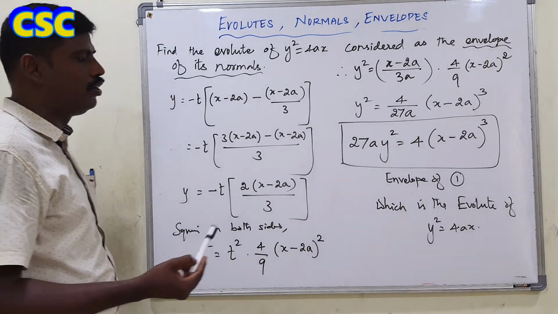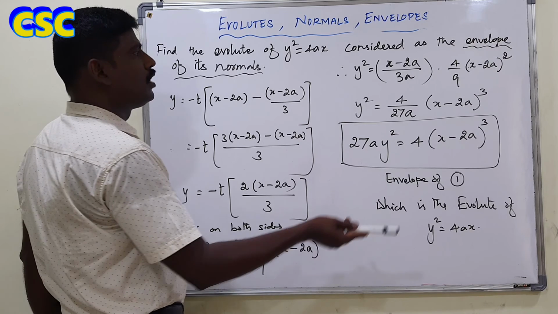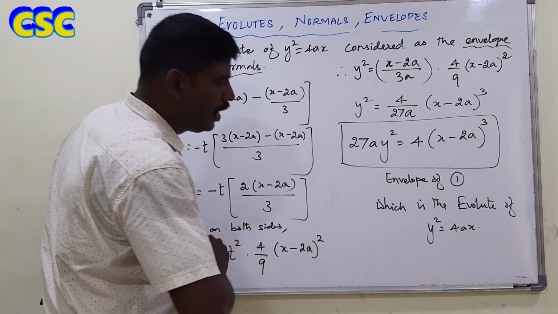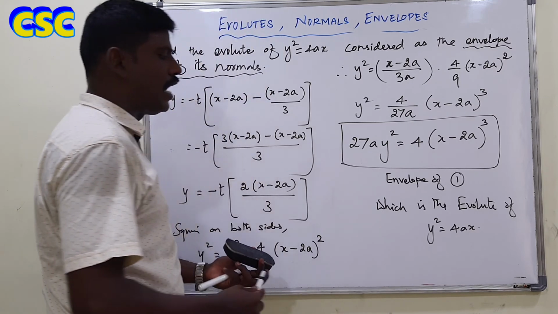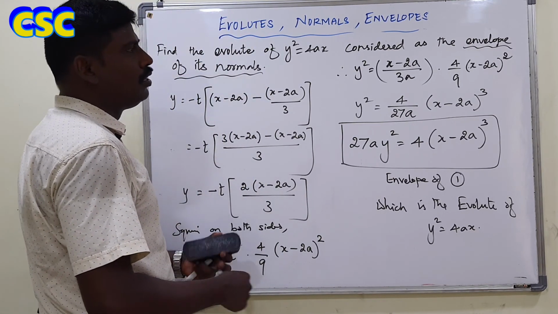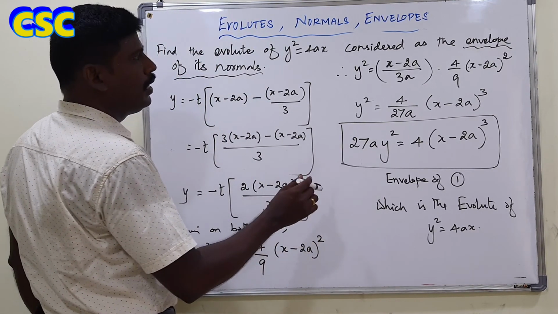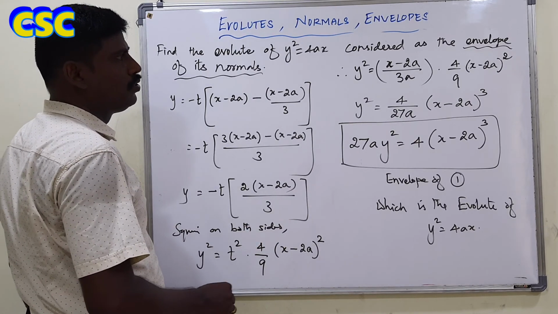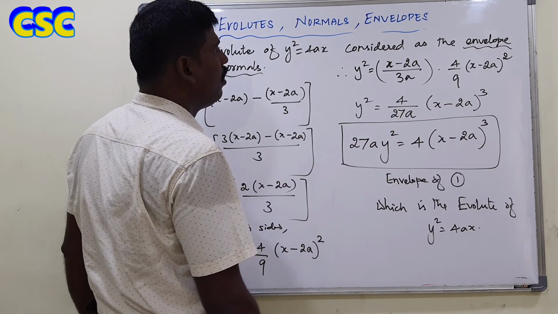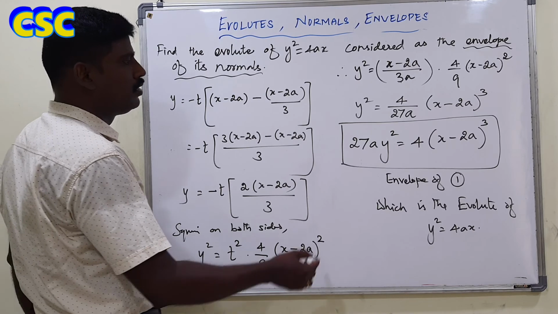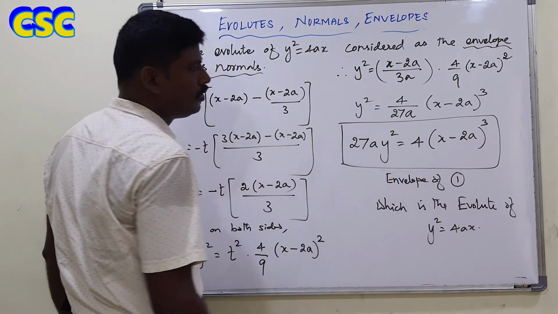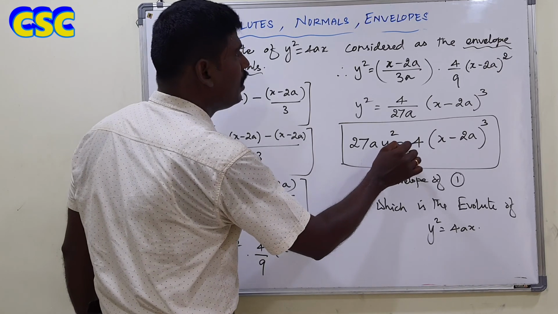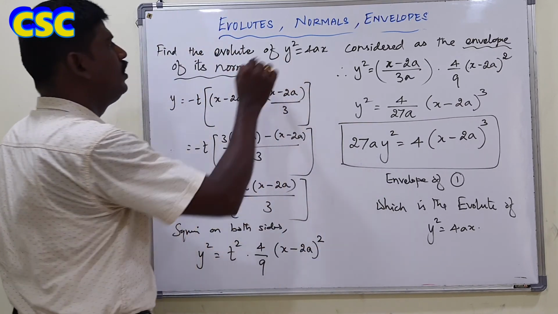Substitute all those values, you can get the relationship connecting y, x and t, isn't it? So that is called the family of normals. By finding the envelope of the normals, I find the envelope of 1.